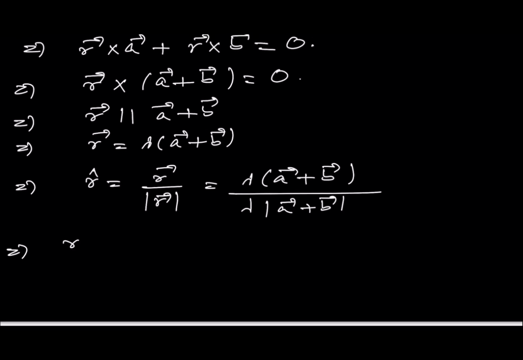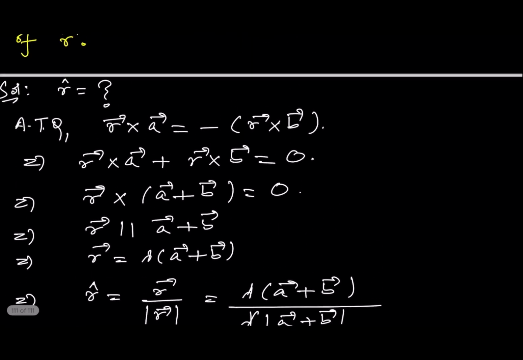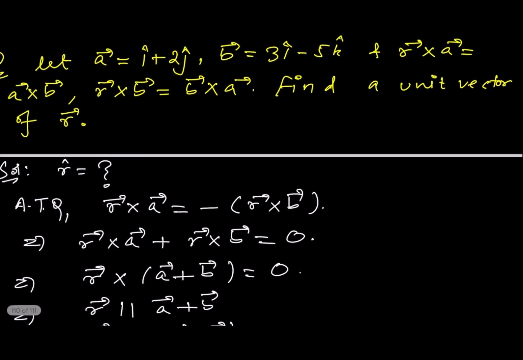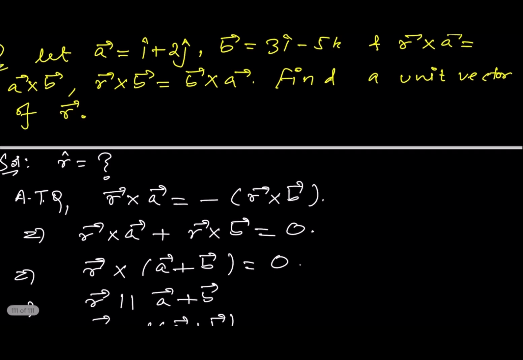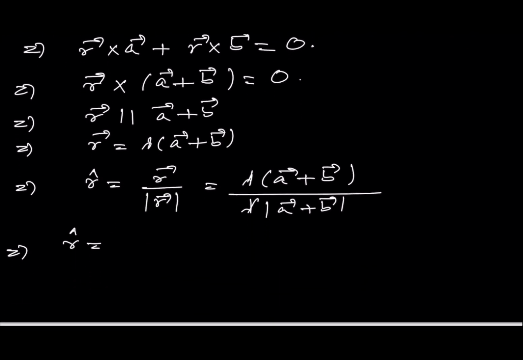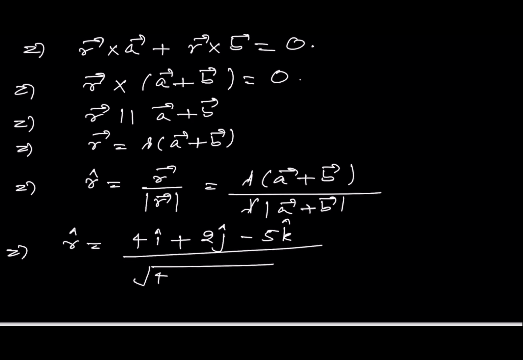So lambda cancels, and A plus B, because we know A and we know B also, so A plus B is nothing but 4i cap plus 2j cap minus 5k cap upon root over 4 square plus 2 square plus 5 square, right?